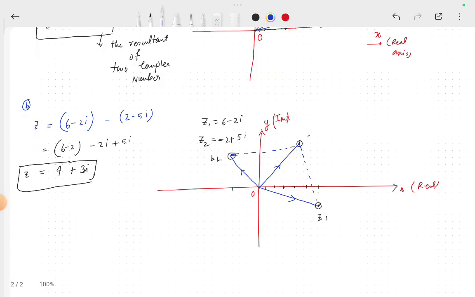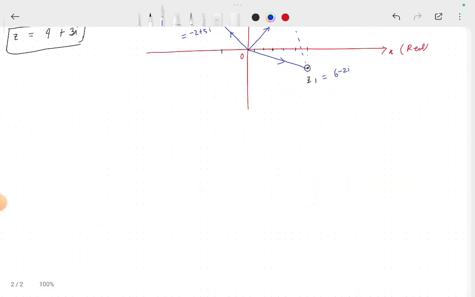So this is Z equals 4 plus 3i, Z1 equals 6 minus 2i, Z2 equals minus 2 plus 5i. These are the graphical representations of complex numbers. I hope you understand. Now let's take some problems to understand the complex number theory better.